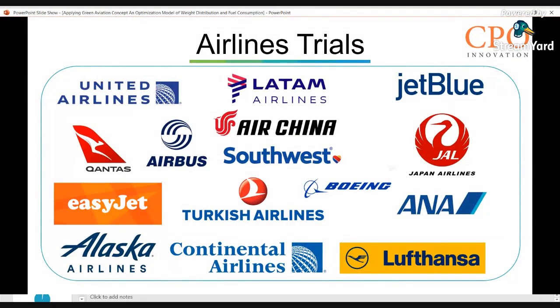Yet we cannot move on, we cannot mention the global trials made by different players without highlighting the main players in this sector, which are the airline companies. Actually, the airlines were the most active, keen and enthusiastic players who tried a wide variety of solutions to reduce the amount of CO2. We have various examples such as Qantas Australian Airlines, Japan Airlines, and Lufthansa.